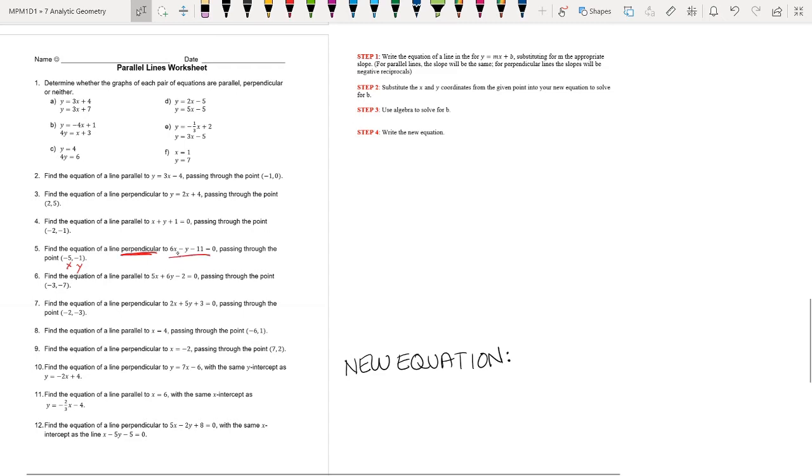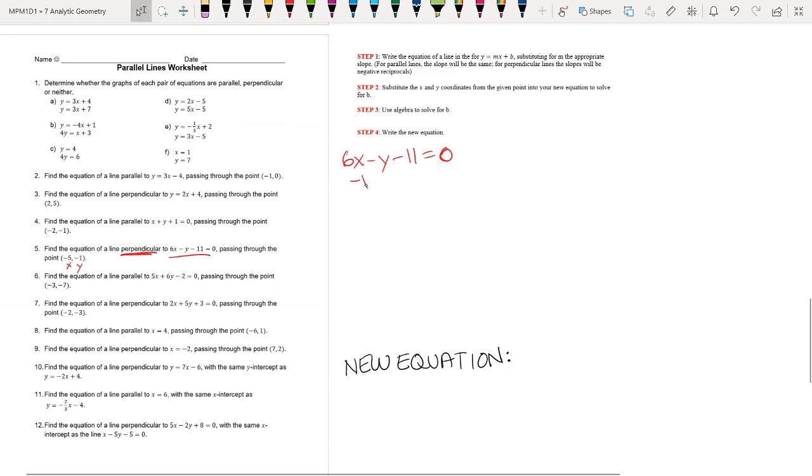So for now, what I'm going to do is take 6x minus y minus 11 equals 0, and convert it into slope-intercept form over here. So I get 6x minus y minus 11 equals 0. And I need the y on the left by itself. I need the 6x and the negative 11 on the right so that it can look like y equals mx plus b.